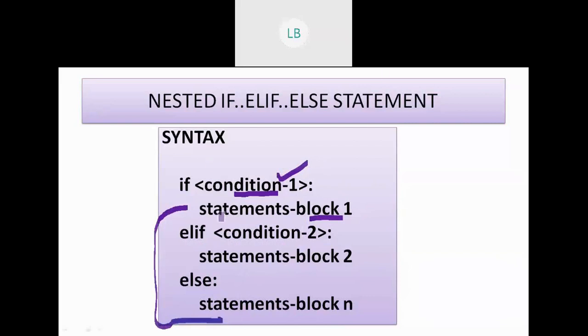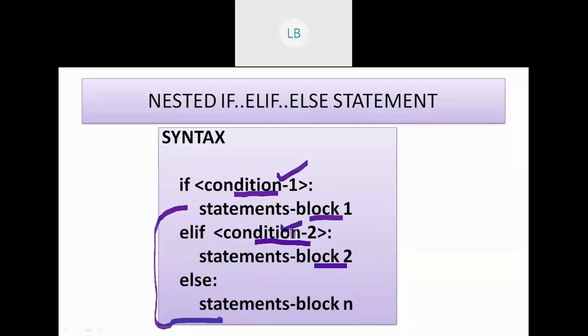If this is false, then you have else if. If this is false, the control will come to this condition. Condition 2, you have another condition. If condition 2 is true, then block 2 will be executed. Else block will be ignored.